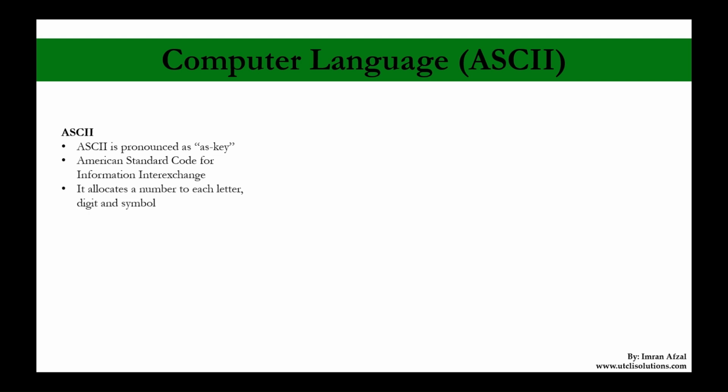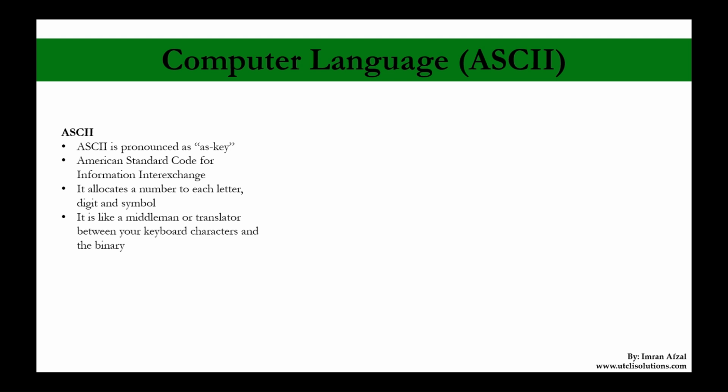It allocates a number to each letter, digit, and symbol. It is like a middleman or translator between your keyboard characters and binary. So every character on your US keyboard has a number associated with it. That number was assigned by the American Standard Code, or ASCII, people.